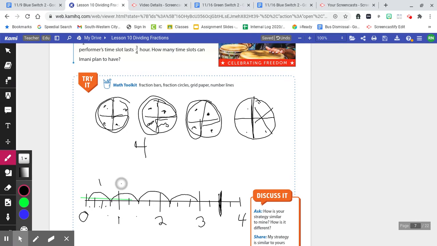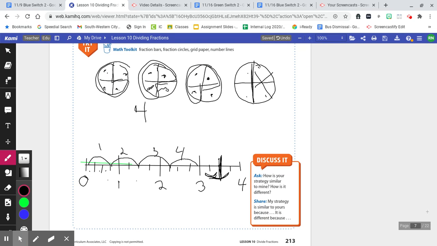So I've got 1, 2, 3, 4, and I have 2 out of my 3 that I would need to make another whole part. So my answer is actually 4 2/3.